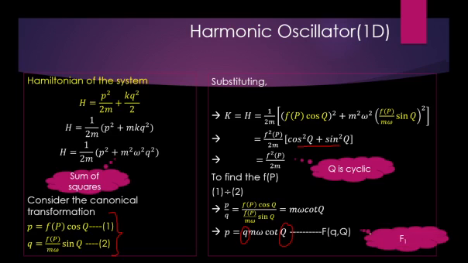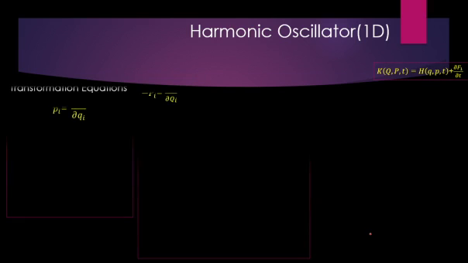F1 is the function which gives a transformation that depends upon small q and capital Q. So once we have inferred from the relation what the generating function is, we can make use of the transformation equations of F1. What are the transformation equations of F1? F1 is a function of small q and capital Q.